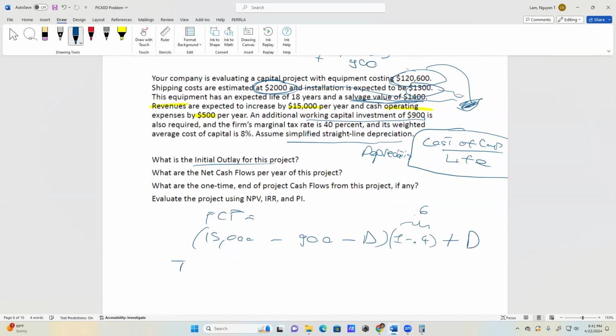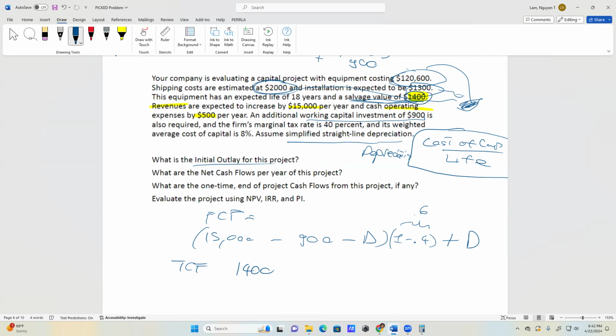On to the terminal cash flow. Salvage value of the new stuff, right? We just mentioned it before. So that should be 1,400. All right. Is there a book value for the new asset?